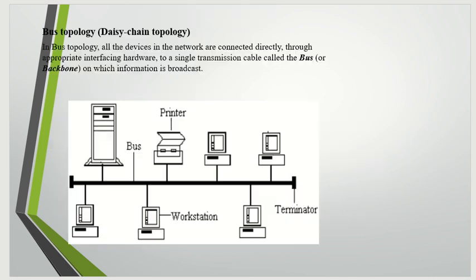So our next thing we are going to handle today is bus topology. It's also called a daisy chain topology. In bus topology, all devices in a network are connected directly through appropriate interfacing hardware to a single transmission cable called a bus or a backbone, on which information is broadcasted.